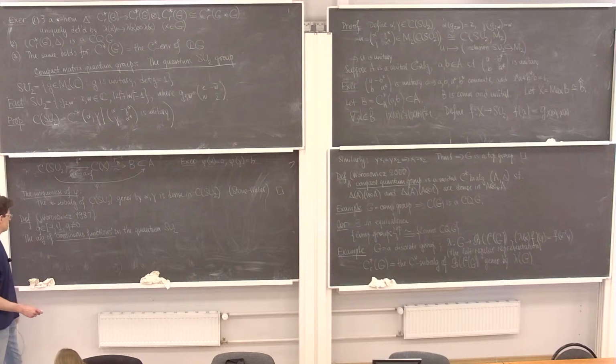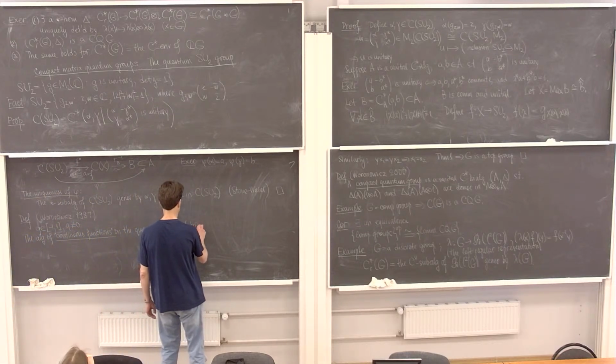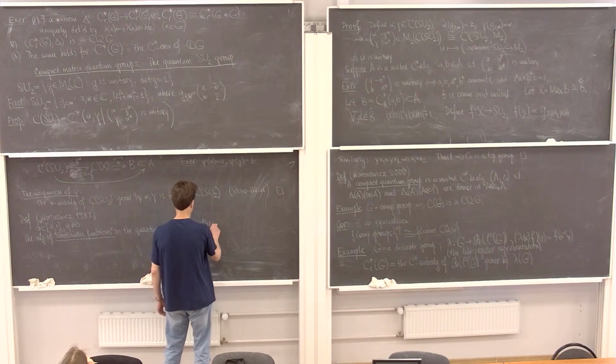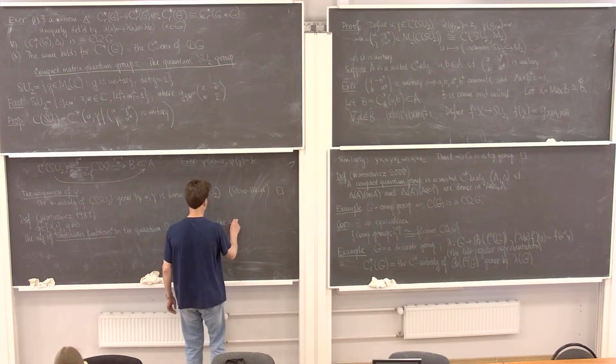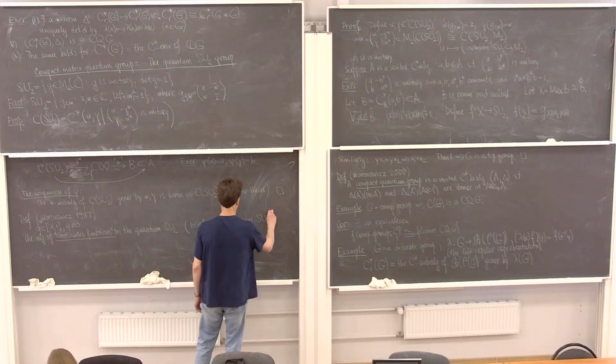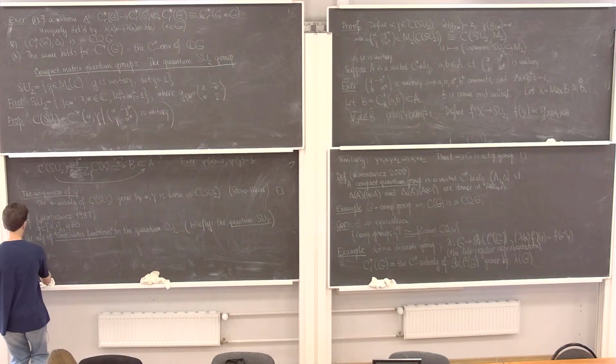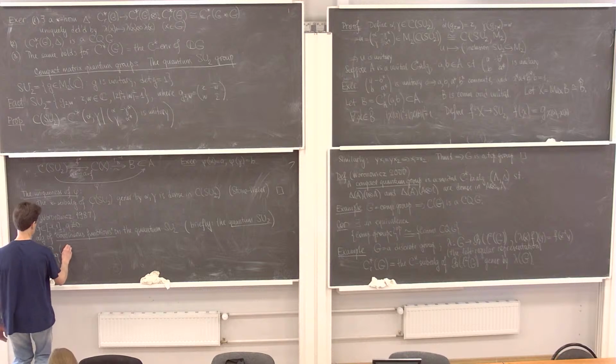So the algebra of continuous functions on the quantum SU2, or briefly just the quantum SU2, is the following C-star algebra. It is denoted like this, C_q of SU2.